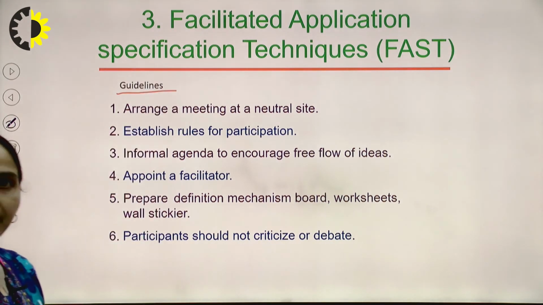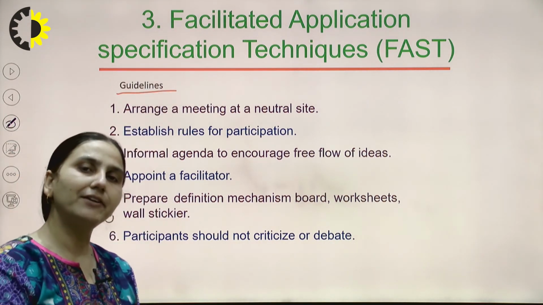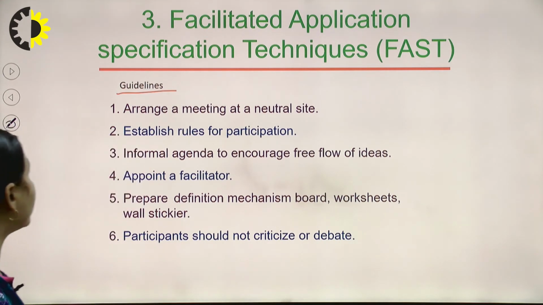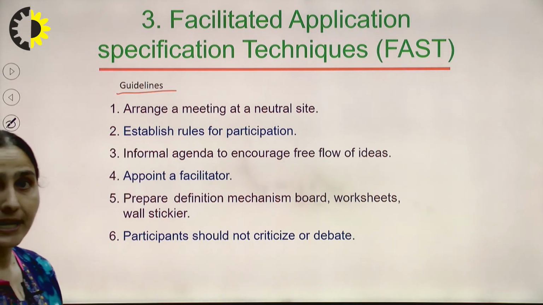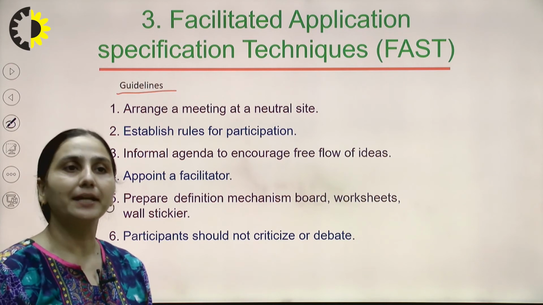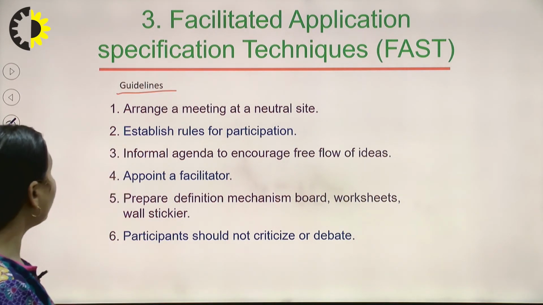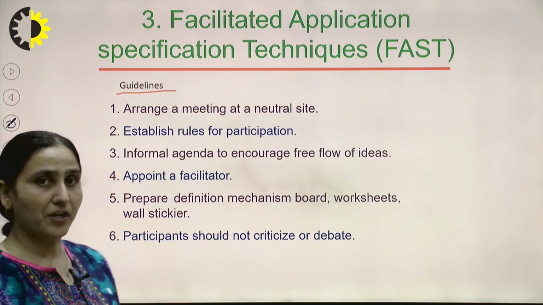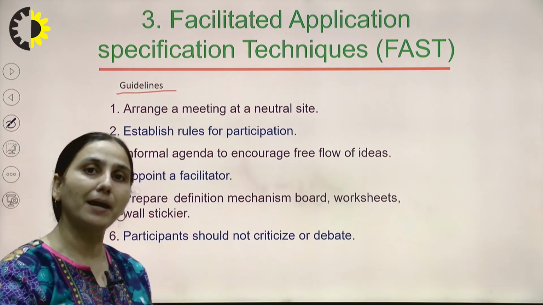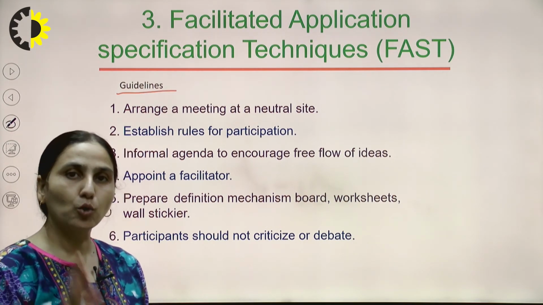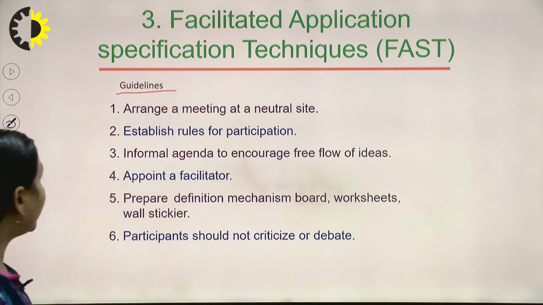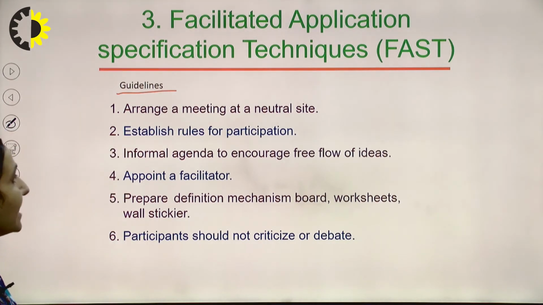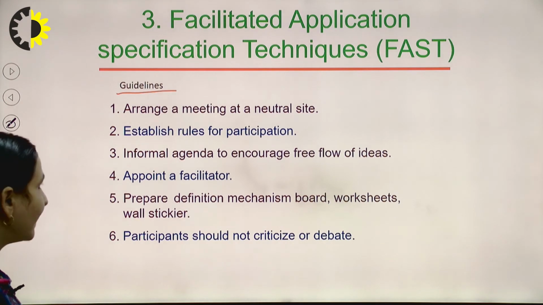So there are different guidelines for this FAST scenario. What are the guidelines that need to be properly adhered to when we are talking about the FAST technique? First, arrange a meeting at a neutral site. Then establish the rules for participation, that means for the persons who are involved, proper rules need to be established. Then an informal agenda to encourage free flow of ideas.